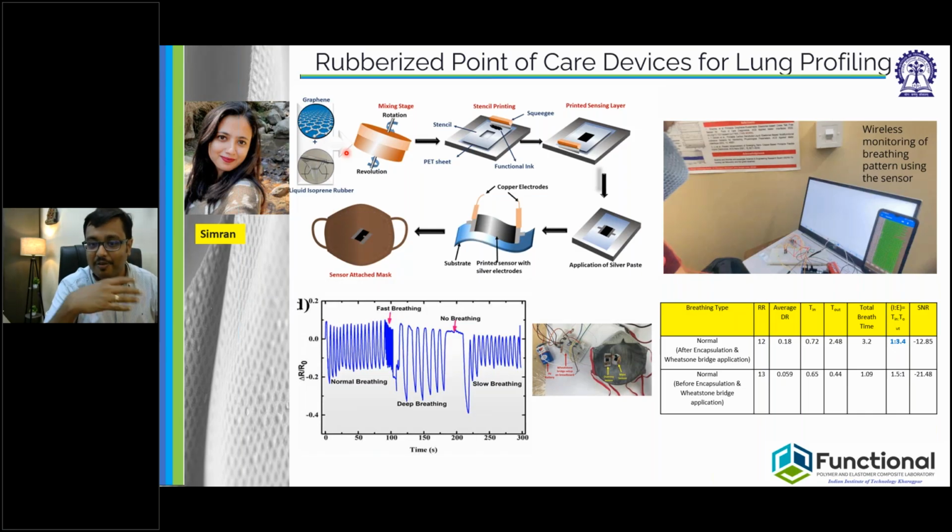Like in India, our defense forces are in Siachen and places where the temperature is extremely low, around minus 40 degrees C throughout the year. Typically they also have breathing issues and those kinds of things. But unfortunately, all the sensors which are commercially available have very limited functionality at low temperature. They cannot perform very well at low temperature.